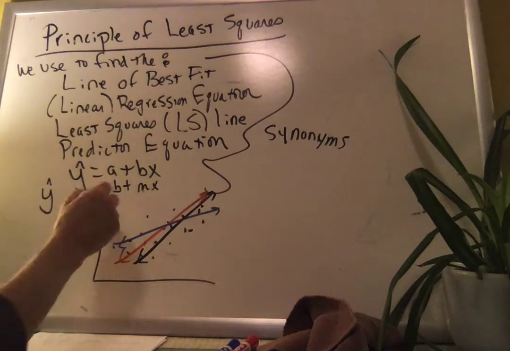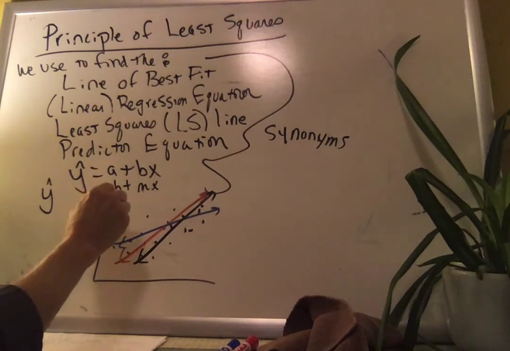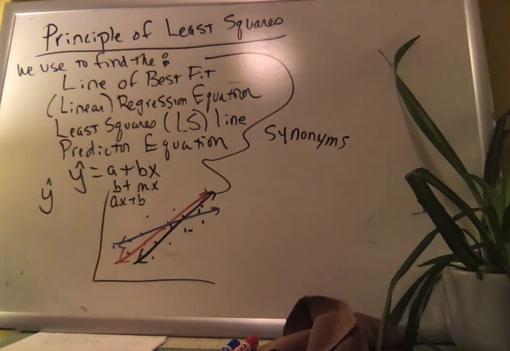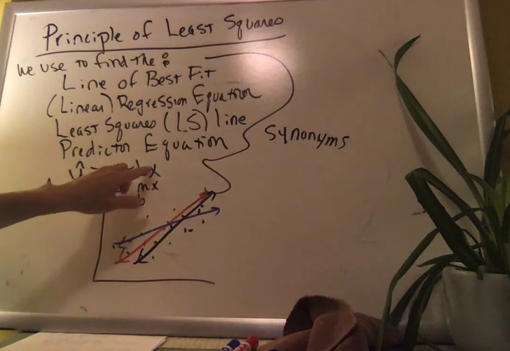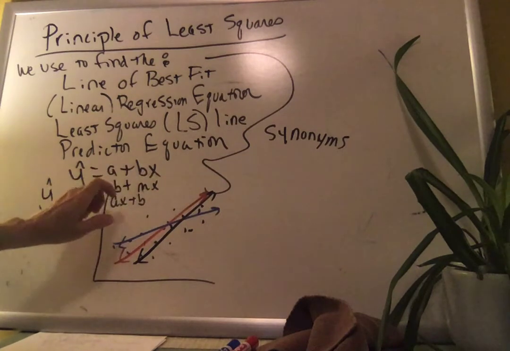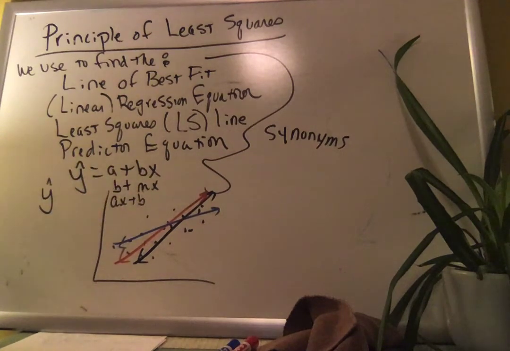Other books will do ax plus b, etc. It doesn't matter, because I'm never going to ask you what is A, what is B, since it would be fair for you to say back to me, well, what do you mean by A and what do you mean by B? The only thing you have to know is that what is connected to the x is the slope. What sits by itself is the intercept.